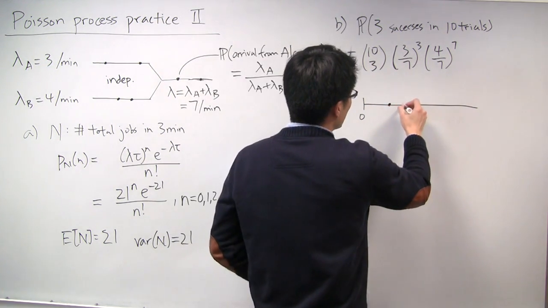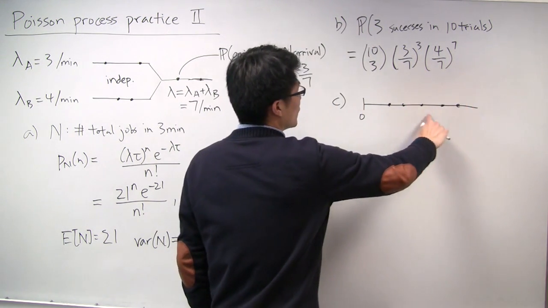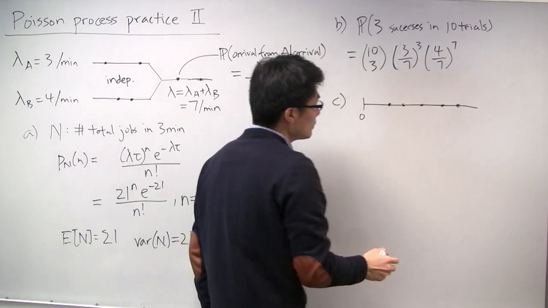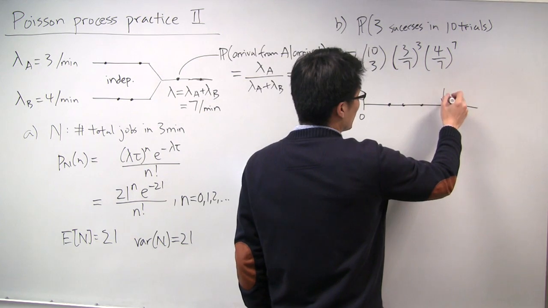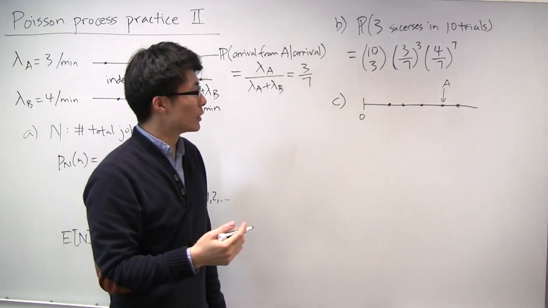So let's say this is, again, our merged process. These are the arrivals in the merged process, and each one can be of either type A or type B. And so let's say, for example, this is where the first type A arrival occurs.